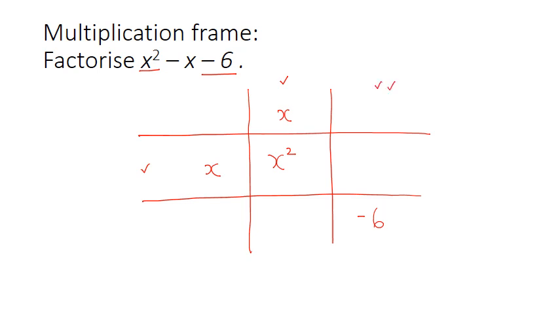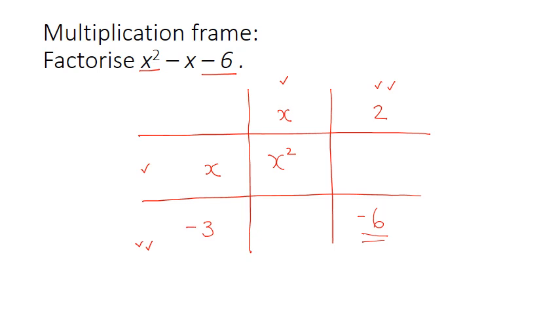For these two boxes, we are now going to add in the factors that multiply to give you minus 6. So let's try 2, and we try minus 3.